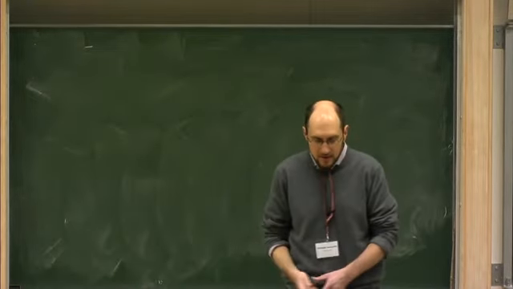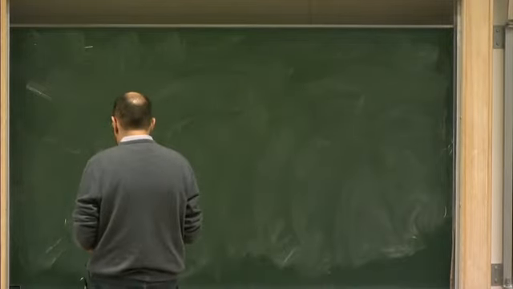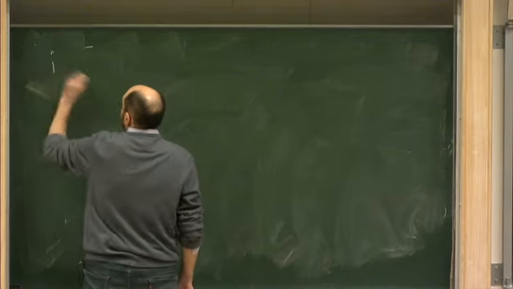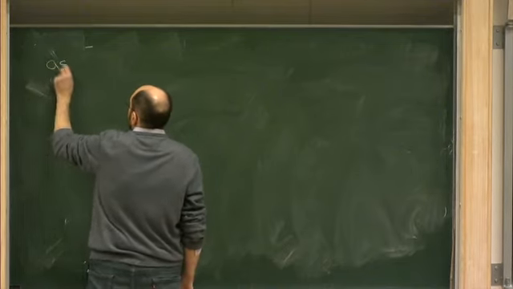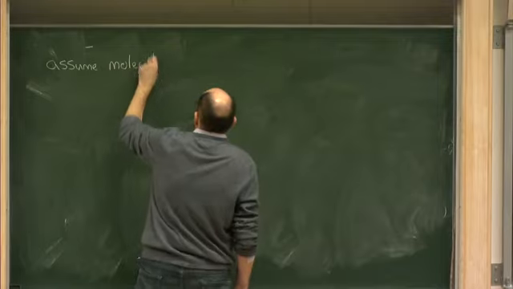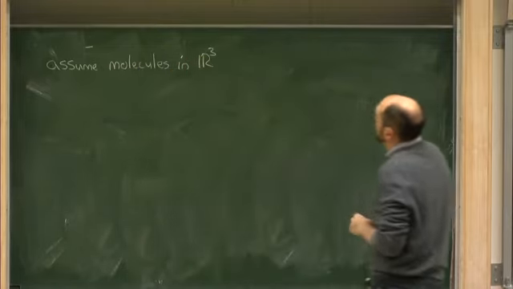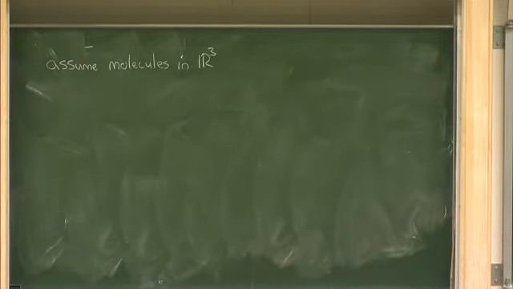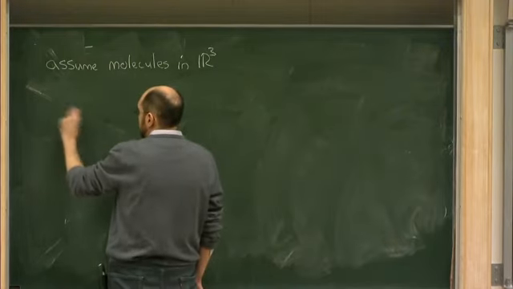So basically, you don't need much notation, thankfully, which is why I picked this example. Let's assume our molecules are in R3. That's why the integral's over R6 up there. We'll discretize it into a normal Cartesian grid.